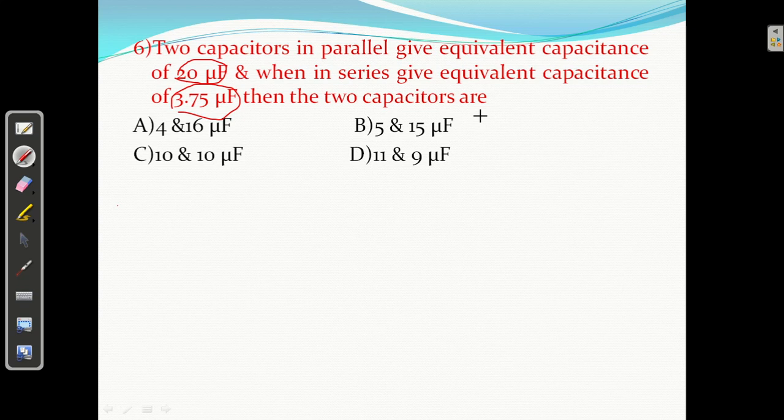So please, such type of problem you can solve directly from the answer. अभी अगर पैरेलल में है तो क्या होगा? 4 + 16 20, 5 + 15 20, 10 + 10 20, 11 + 9 20. All are correct. Clear? सम दोनों का सम कितना होना चाहिए? 20. That is in parallel.